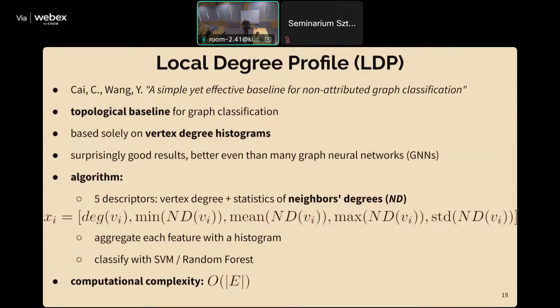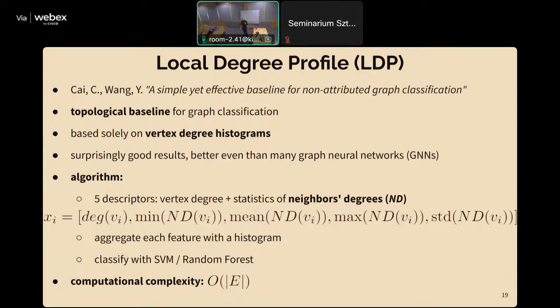So the algorithm is as follows. You compute 5 descriptors for nodes. So those are node descriptors. For each node, you compute its degree, which is quite obvious, and you compute statistics of neighbors' degrees. So you look not only at the node, but you look at its neighborhood, and for its neighbors, you calculate their degrees. And from the degrees of the node's neighbors, you compute their minimum, maximum, mean, and standard deviation.